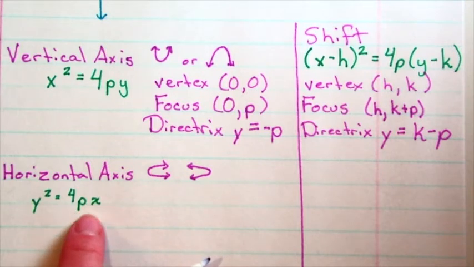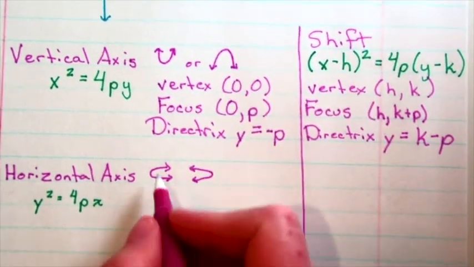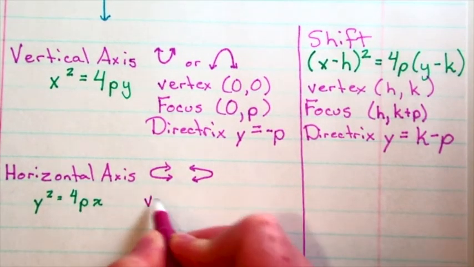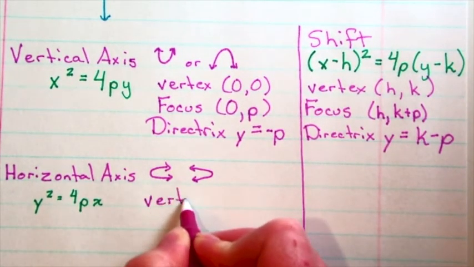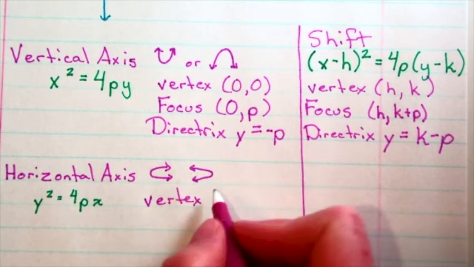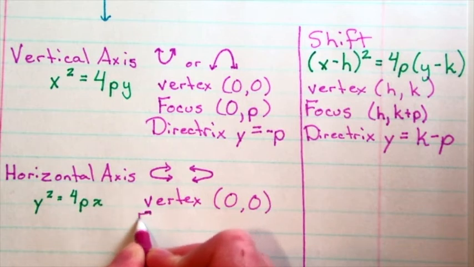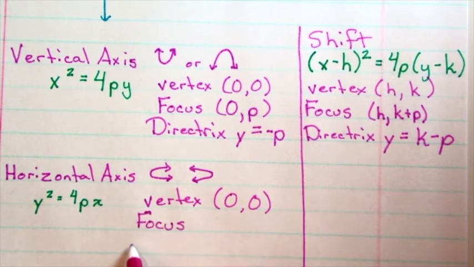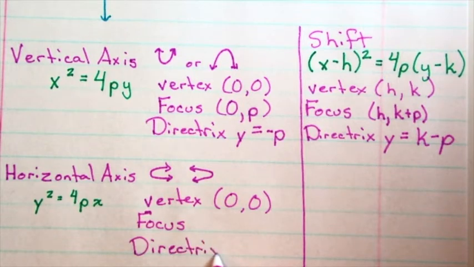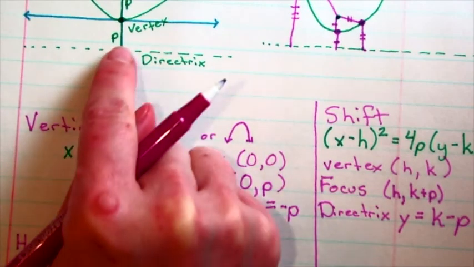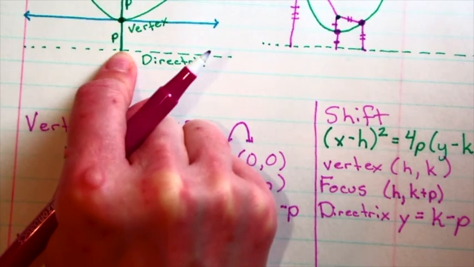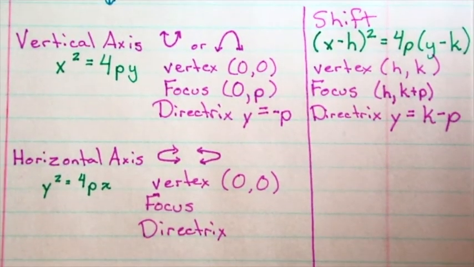So for this one, the vertex is still at the origin. We still have a focus and a directrix, but instead of going up and down from the vertex, we're going to go left to right from the vertex.